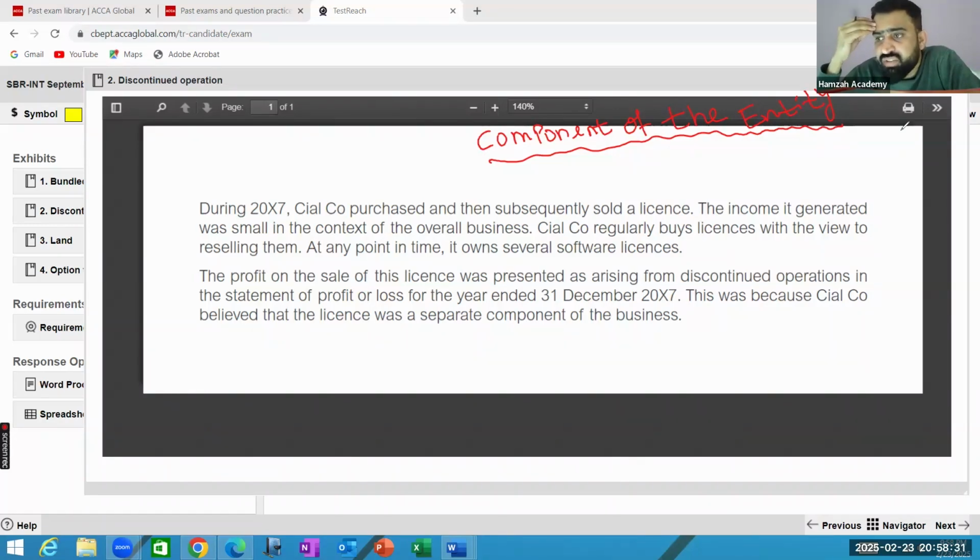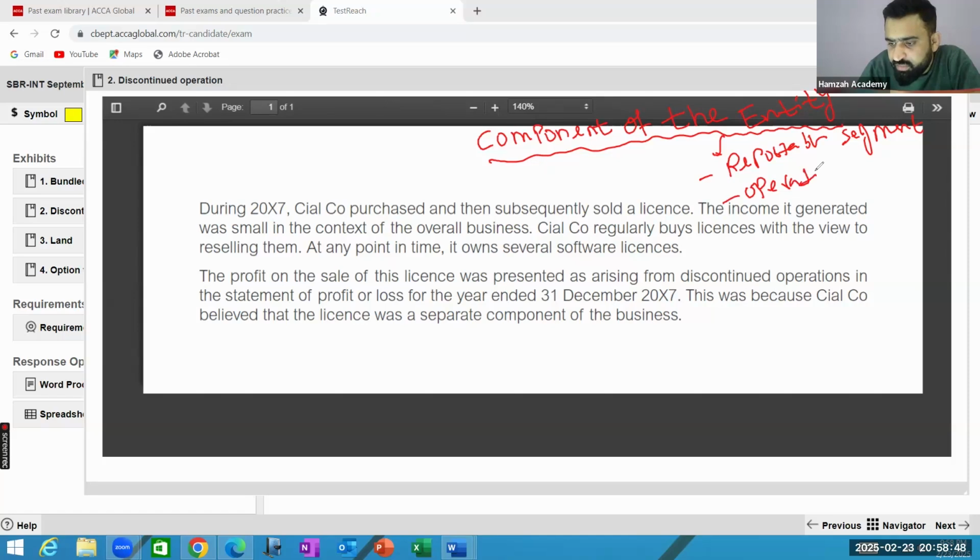Now, dear student, a component of the entity means that it might be a reportable segment, as defined in IFRS 8, or it might be an operating segment, or it might be a cash generating unit, maybe a CGU, cash generating unit.